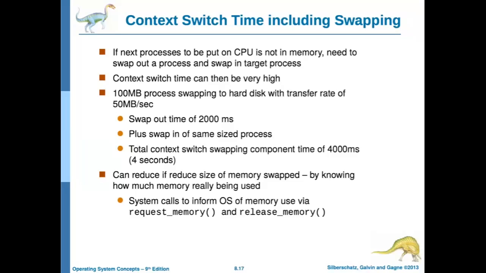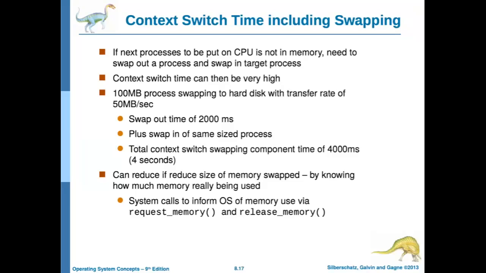Plus swap in of a same size process. That means, for example, P1 will be swapped out to make space for P2, and P2 will then be swapped in. The time required to swap out P1 is 2000 milliseconds. The time required to swap in P2 is 2000 milliseconds. So that results in 4 seconds.